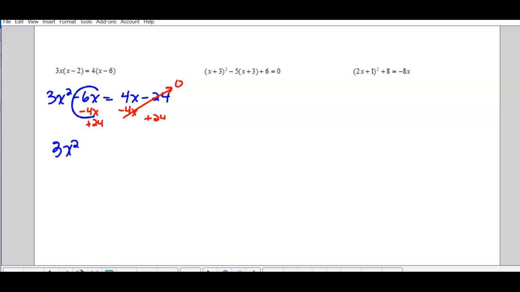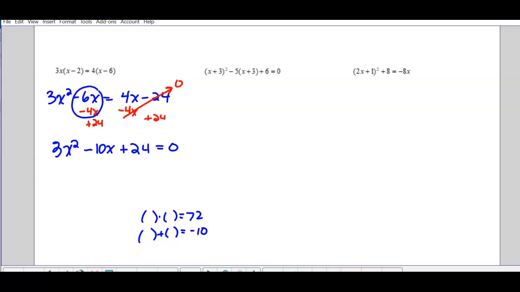So these I can collect. That ends up being minus 10x, and then I have that plus 24. Then you want to factor that. So, 2 numbers that multiply to that 72 and add to negative 10.